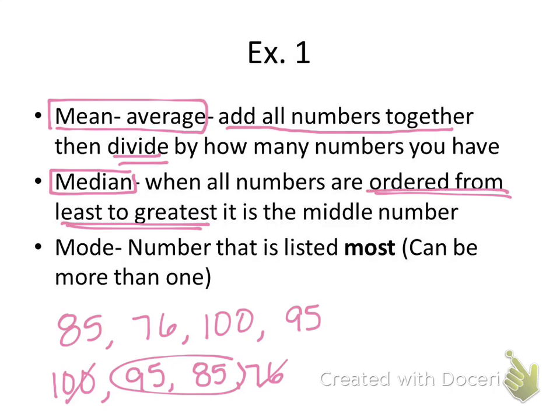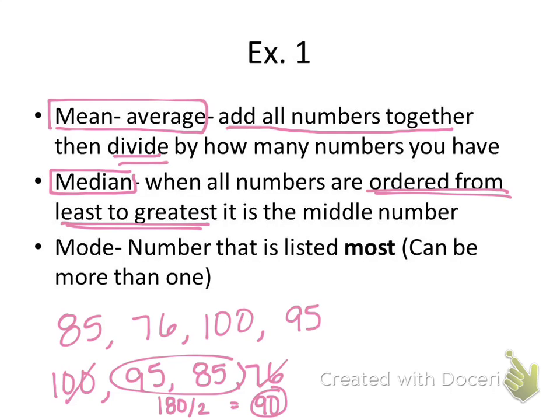And sometimes I can have 2 numbers in the middle, sometimes I just have 1. If I'm ever left with 2 numbers in the middle, I add the 2 together and divide by 2. So I would get 180 here, divide by 2, and I would get 90 is my median. So that would be the number that's in the middle, listed from least to greatest.